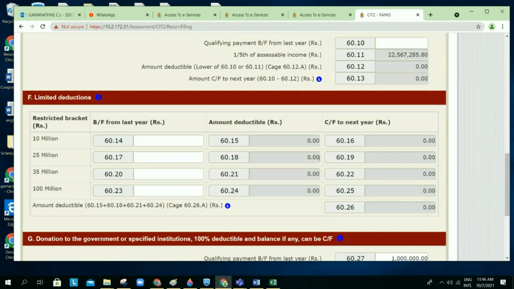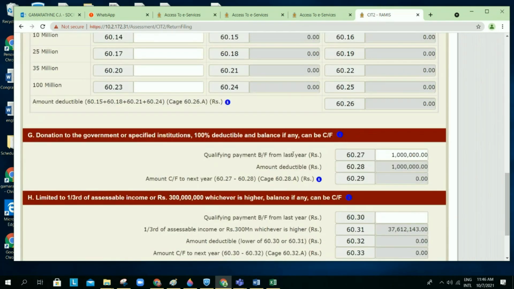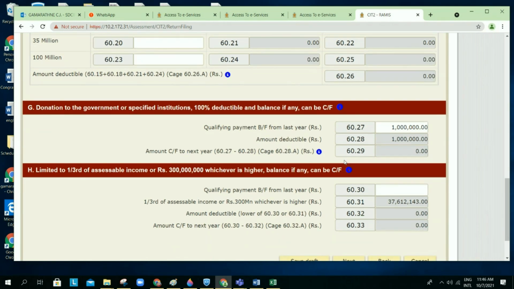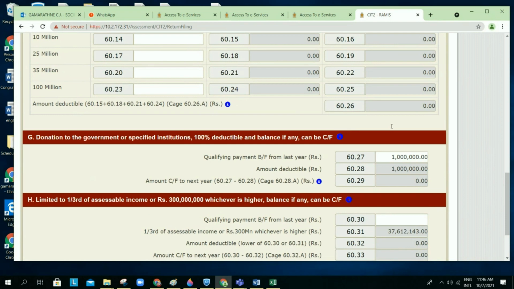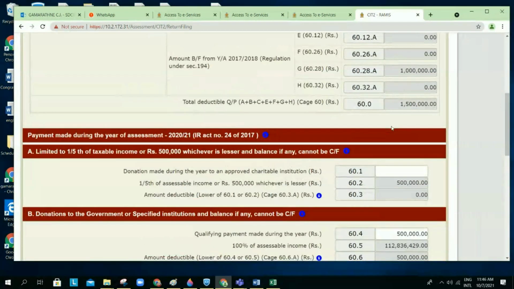Then this is the undeducted qualifying payment from the previous act. Then total qualifying payment is 1.5 million. It goes to the summary part.